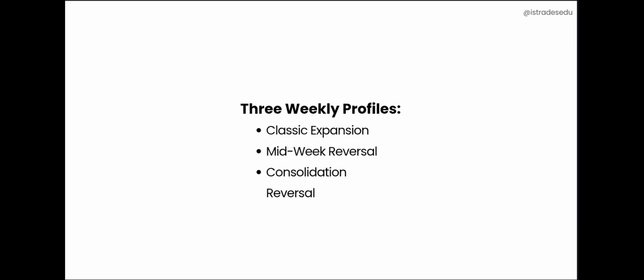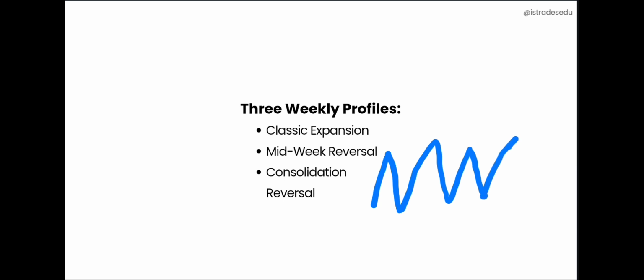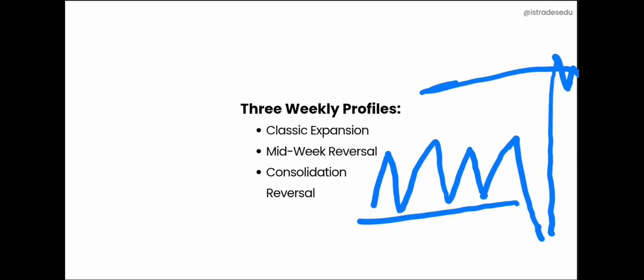Now the next one is the consolidation reversal. The consolidation reversal usually, most times, happens on Thursday, right? As it entails, the Monday, Tuesday, Wednesday range is stuck in a range, and then Thursday opens and manipulates the low and then expands higher to the overall direction of the week, right?